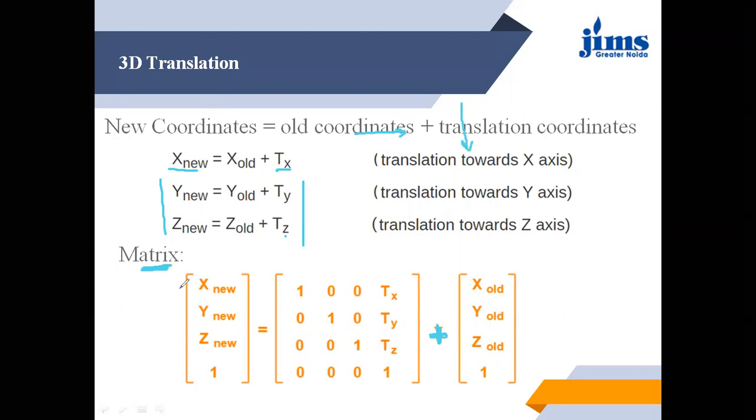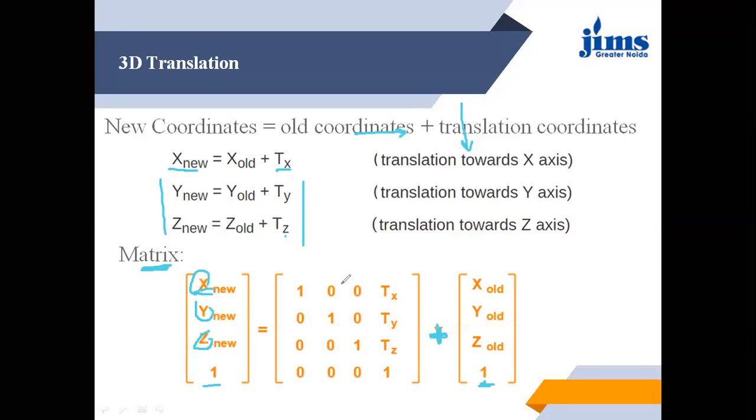Here we are representing the matrix in the form of rows, meaning x coordinate, y coordinate and z coordinate. This 1 is added to make the symmetry, as we discussed in 2D also, to make the matrix homogeneous. So we have to add this.